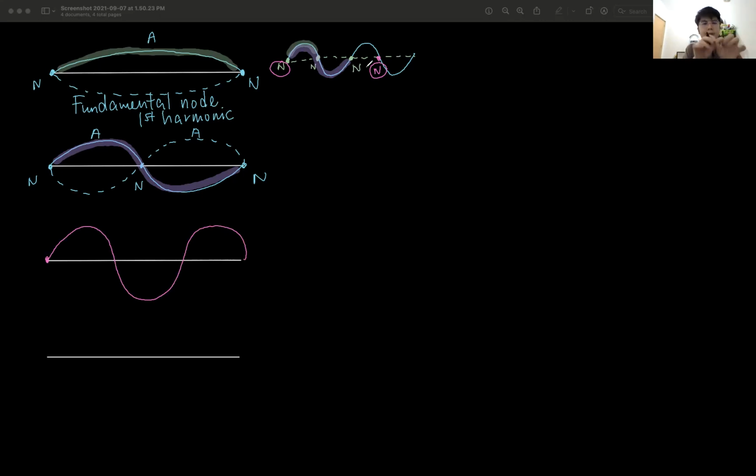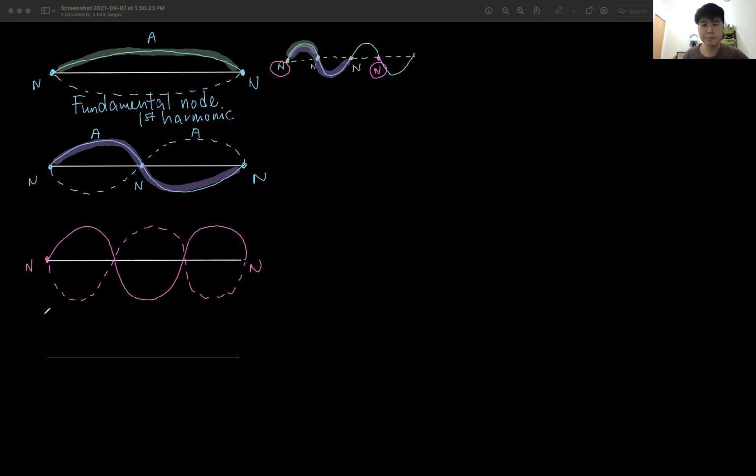So you just take two nodes, and then you see from the diagram how many waves can fit between these two nodes. So the third pattern, you got two nodes, and you have here and this one like this, right?